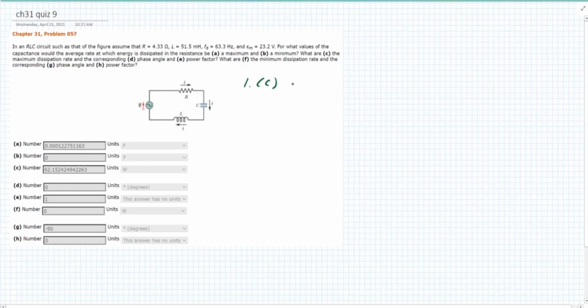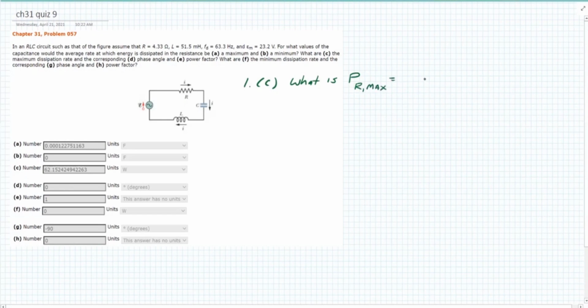So what is P max? And again, P max occurs, let me write it like this. What is the maximum power dissipated by that resistor?